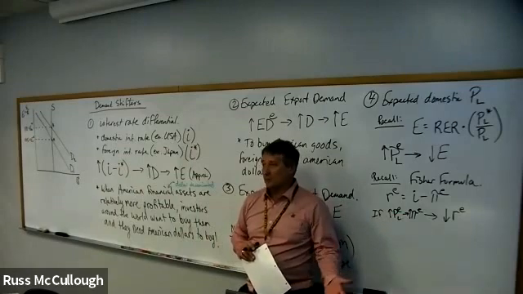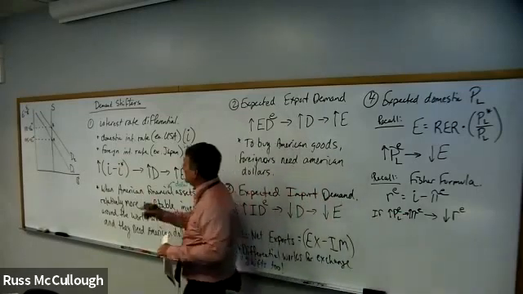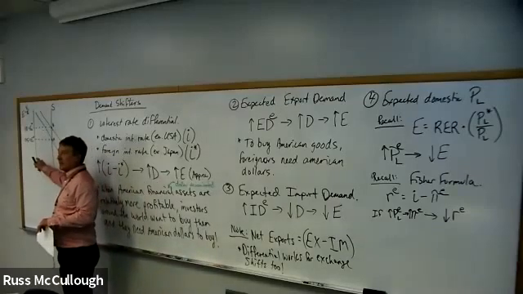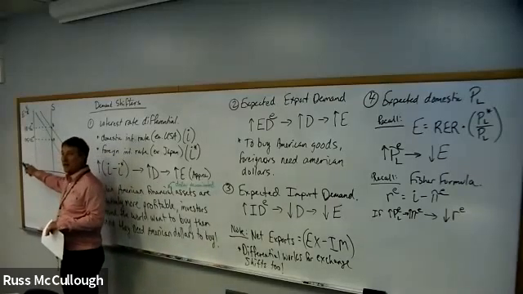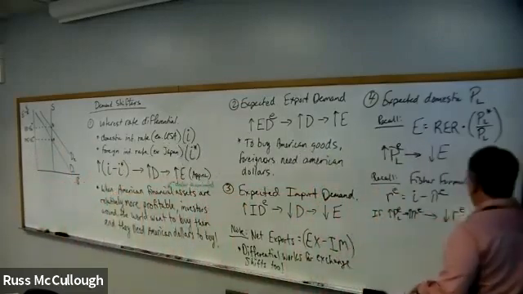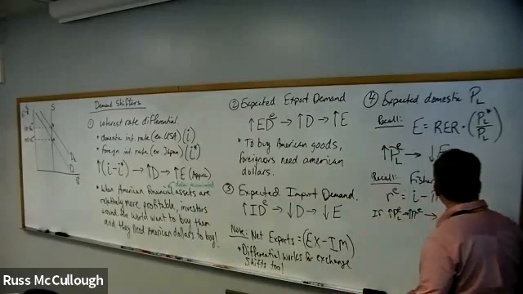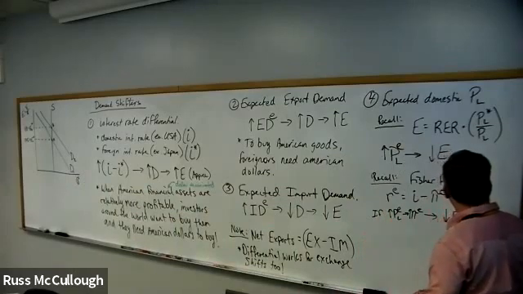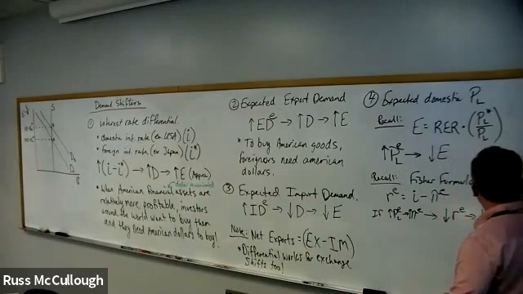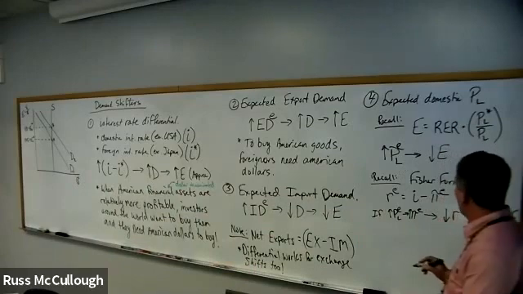No, right? The real rate of return is going down, and so they're not going to buy them, and so the demand curve shifts down and causes depreciation. So if this happens, that would lead to a decrease in the demand for currency and a decrease in the exchange rate.